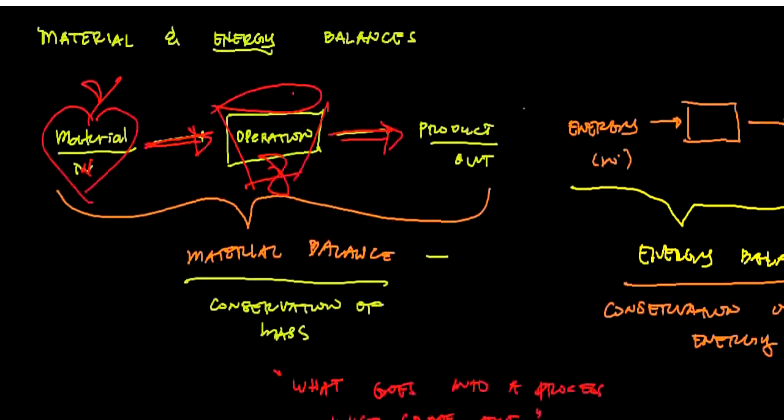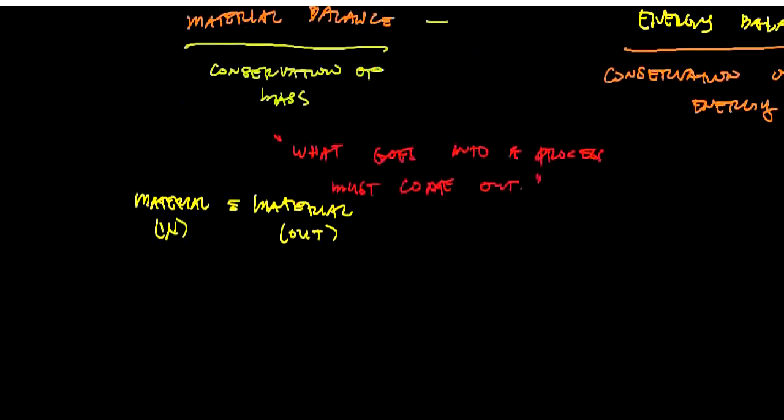Actually, the material and energy balances are very important, especially in the food industry. These material balances are fundamental to the control of processing, particularly in terms of the yields of the product. The material balances are first determined in the laboratory stages of a new process.